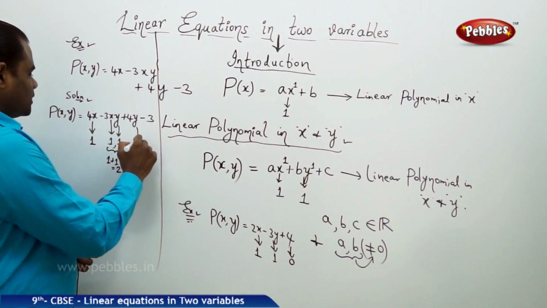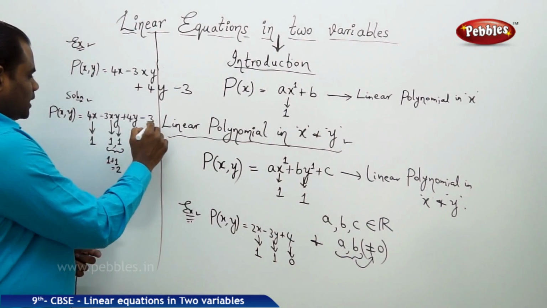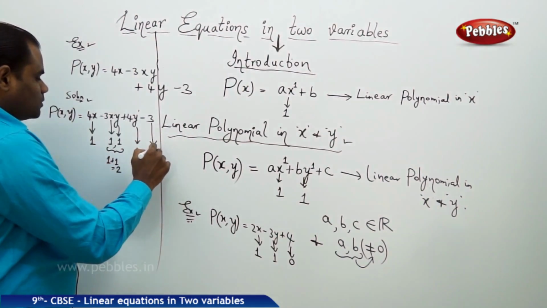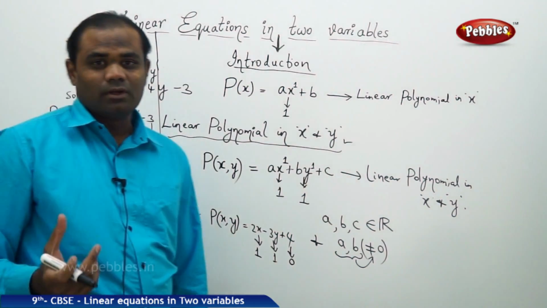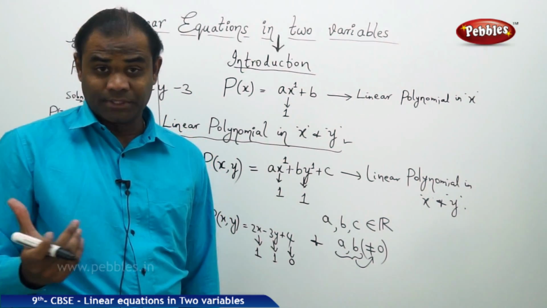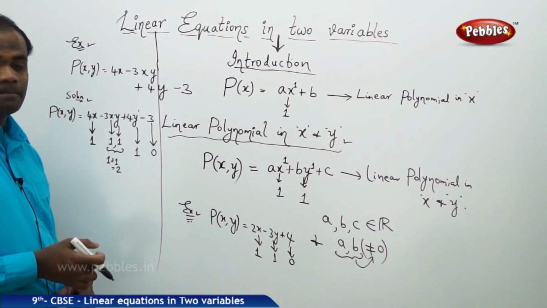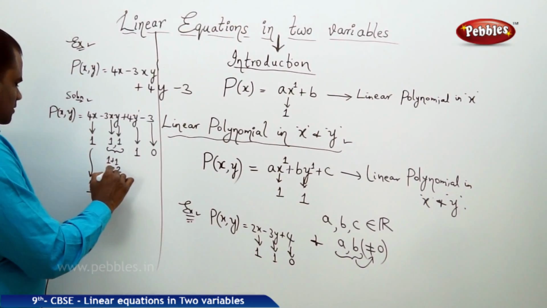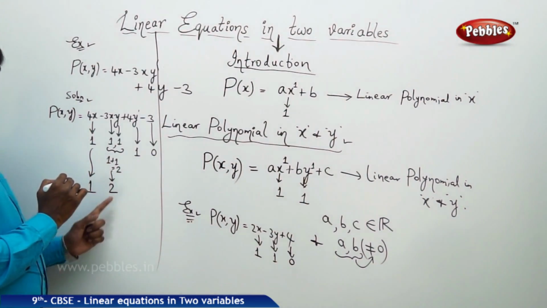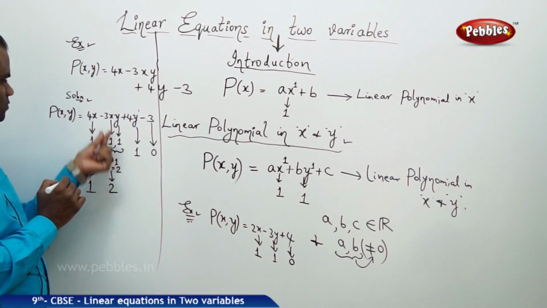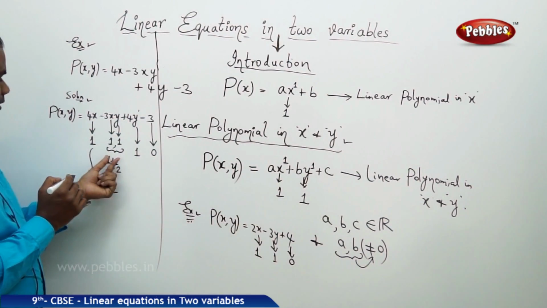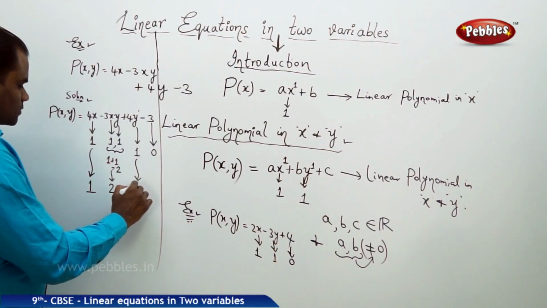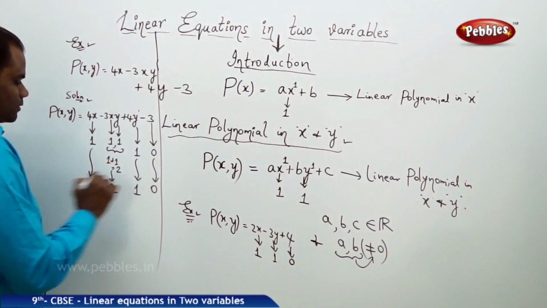Next, I have my third term whose degree is 1, because its power is 1 for y, and then the constant term whose degree is 0 because there is no x or y attached. So x power 0 or y power 0 is what we assume. Therefore, the first term has degree 1, the second term has 2 because the combined degree is 1 plus 1 for each of x and y, the third term is 1, and the fourth term is 0.